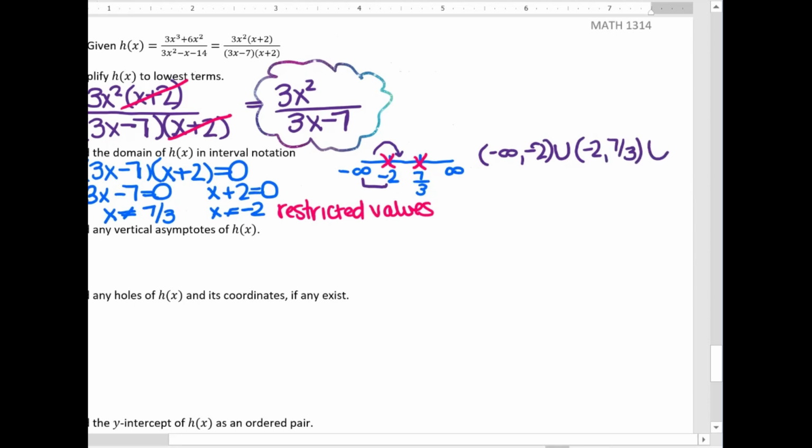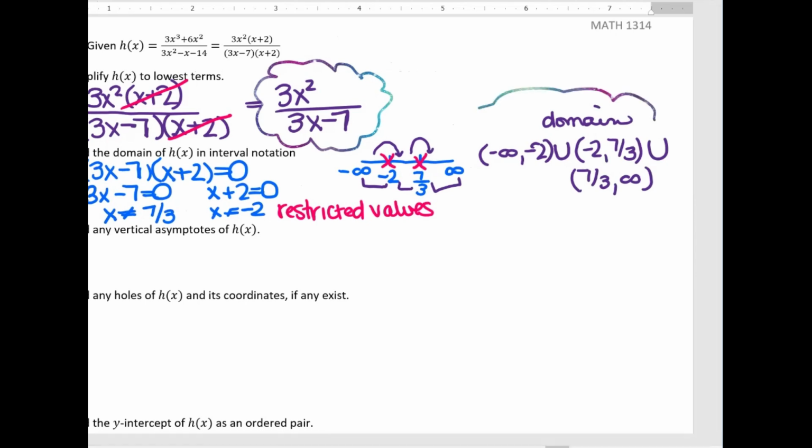And then we need another jump. And our last interval is 7/3 to infinity. And I wrote too big. This should all be in one line. But as long as you have all the parts and their union together, you'll be just fine.